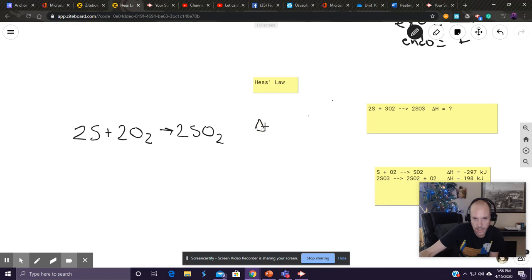And the delta H for that reaction, because I multiplied everything in this equation by 2, I have to multiply my heat by 2. So 2 times negative 297.